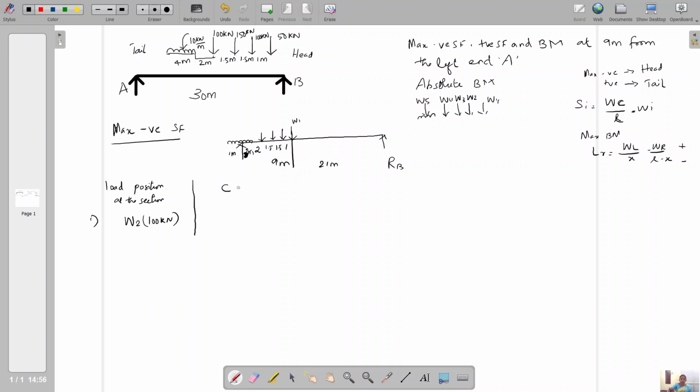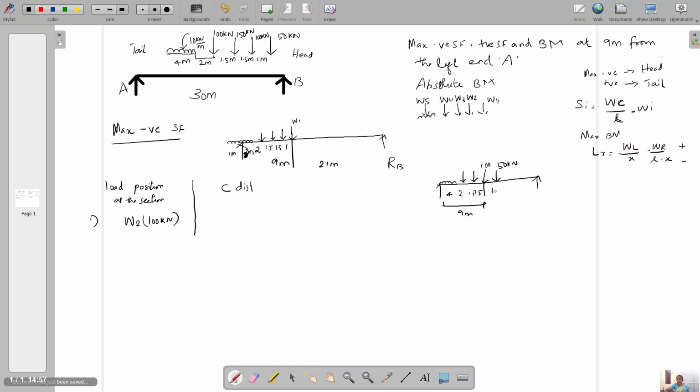If you move the first load, that is the 50 kilonewton load, to the right of the section, so that the 100 kilonewton is on the section, and further 150 and 100, and the total UDL will be placed, because comparing the distances 1 meter, 1.5, 1.5, 2, totally 5 plus the UDL span of 4, totally 9 meter is accommodated perfectly.